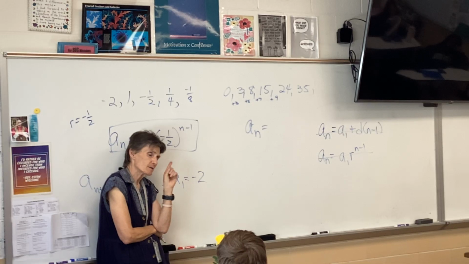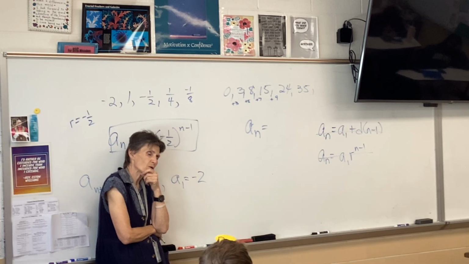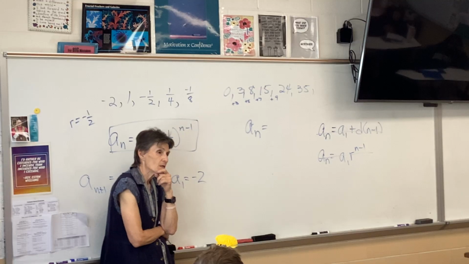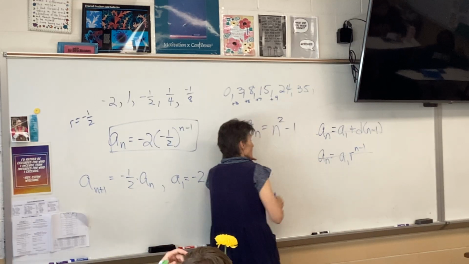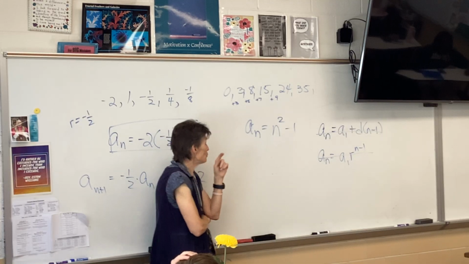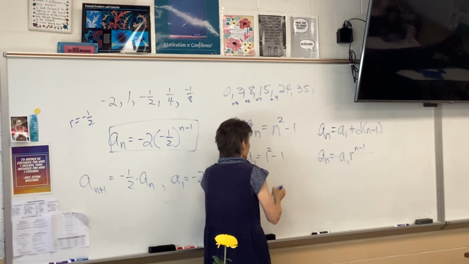Add 1 to all of those numbers. What happens if you add 1 to all of them? It can be square rooted. You get the perfect squares. So your formula is n squared minus 1. If you want a sub 1, that's 1 squared minus 1.